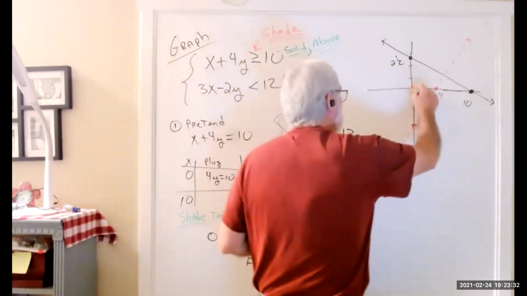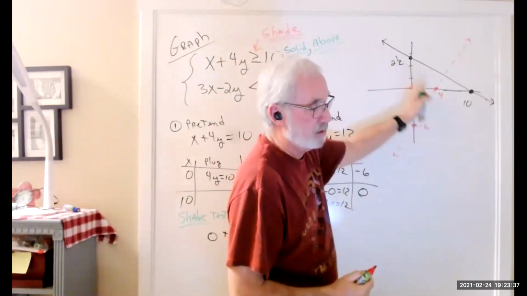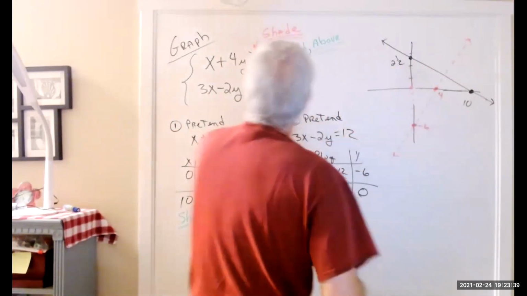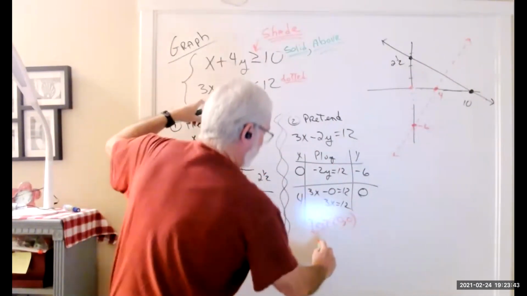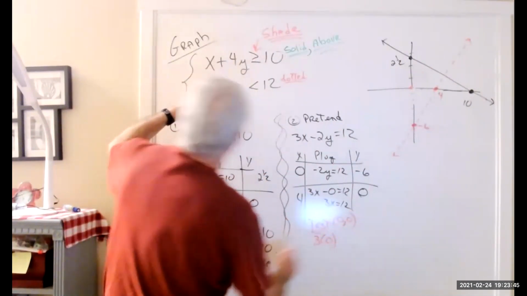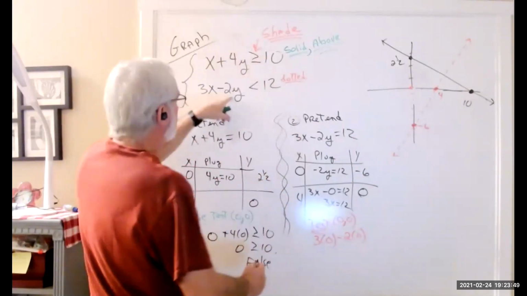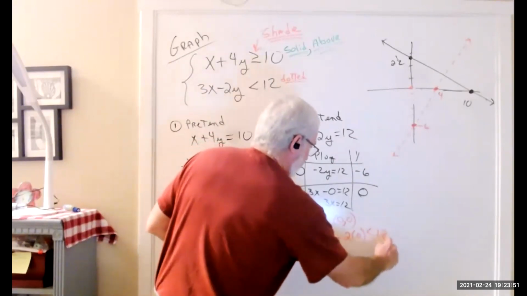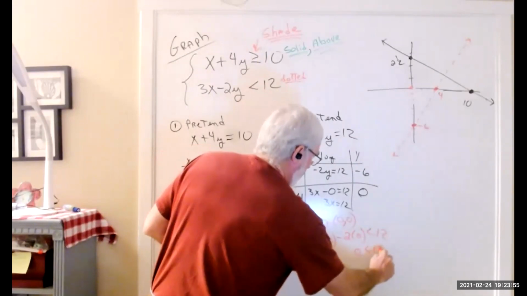This time we're going to test (0, 0), but this time it's relative to the red line. So I'm going to have 3 times 0 minus 2 times 0 is less than 12. That's 0 minus 0, that's 0, is less than 12.